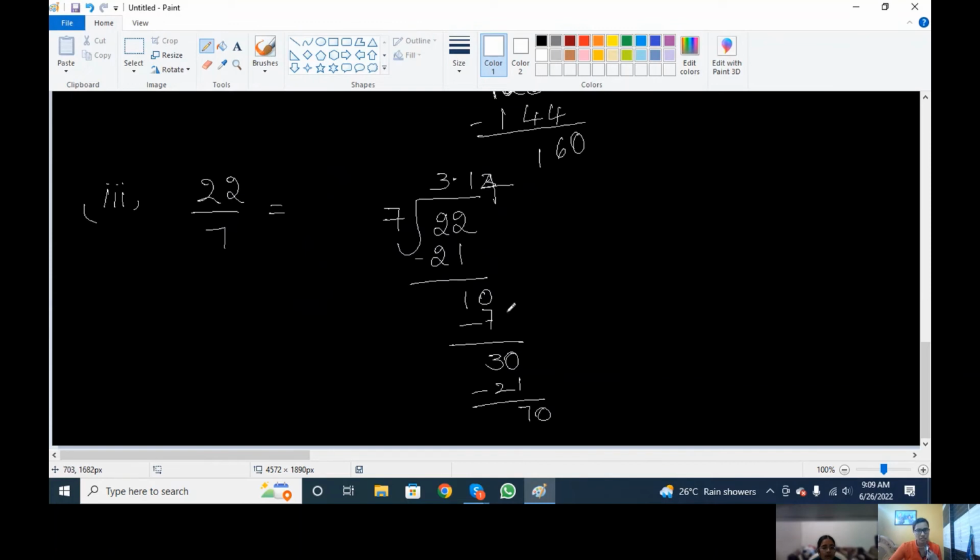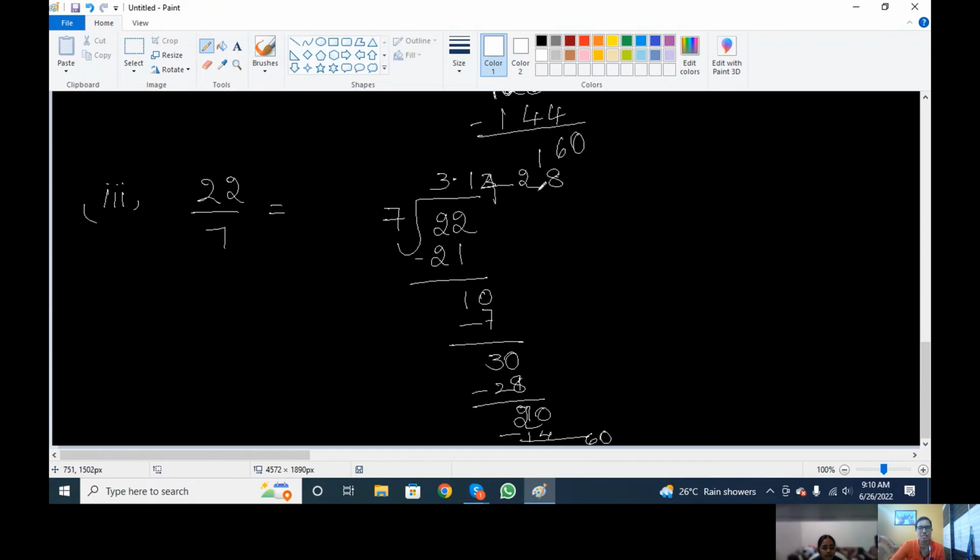Sorry, 28 we can take now. So 20 means 2 times 7 is 14. What is the remainder? 60, 60 means 8 times.